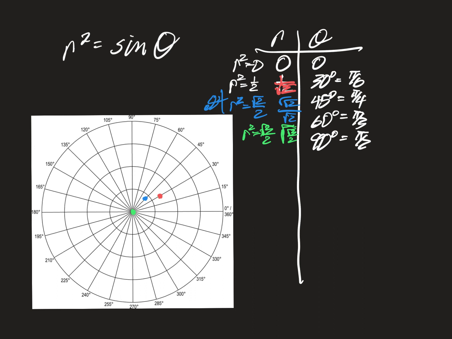Either way, I have to calculate that on my calculator, which I can do by just substituting the right numbers, and I get 0.93. So this one's about 0.93, and so now at the 60 degrees, it skips back up.